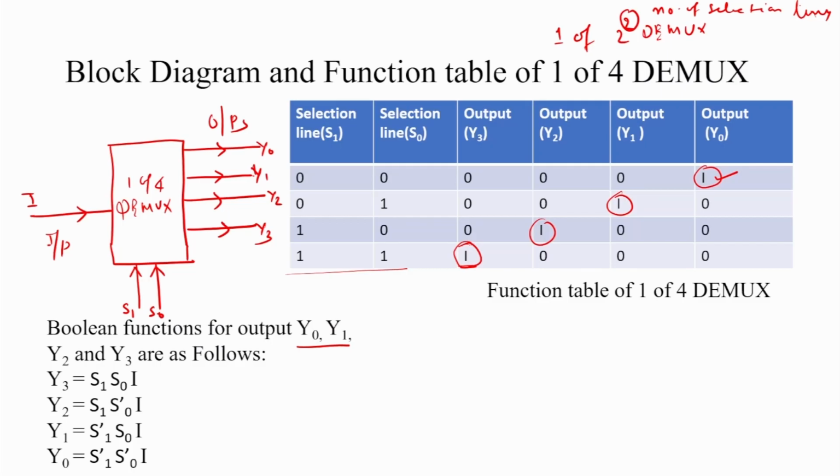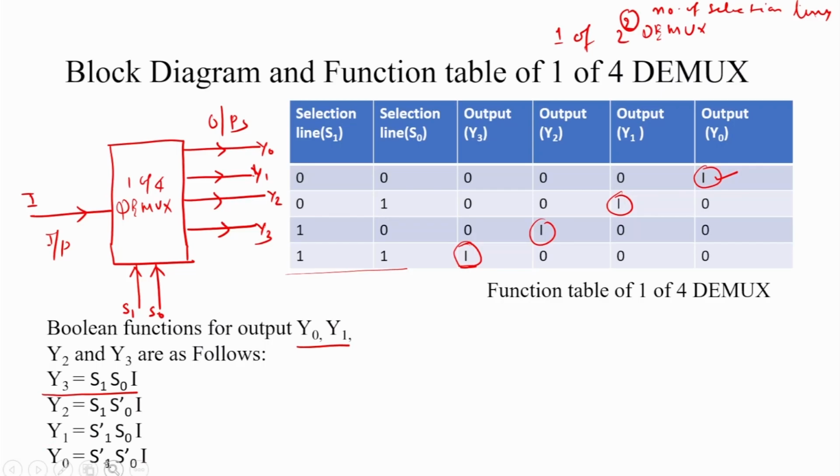Here we directly derive that output y3 is written as: when both s1 and s0 are 1 1, and whatever the value of I. Similarly, y2 is when s1 is 1, s0 is 0, into I, so whatever the value of the input is reflected through y2. Similarly, when the values of s1 and s0 are 0 1, whatever the value of I is reflected through y1, and similarly y0.